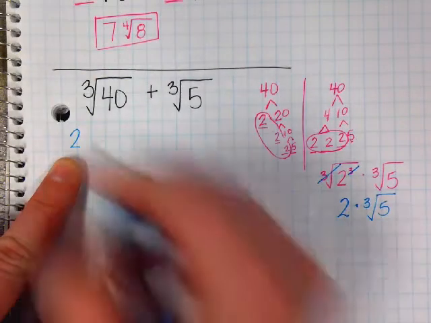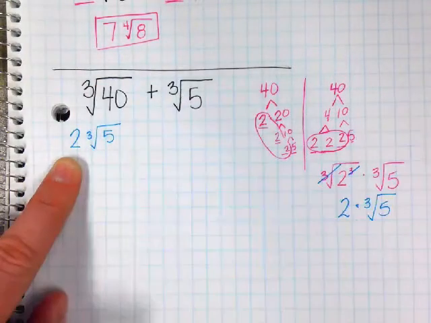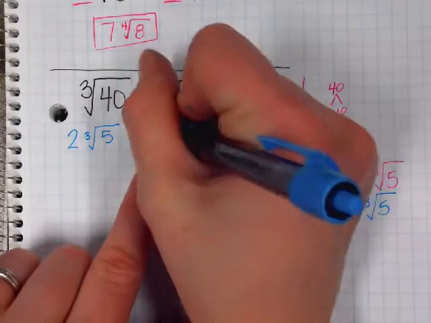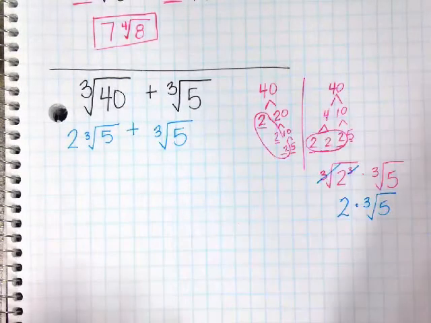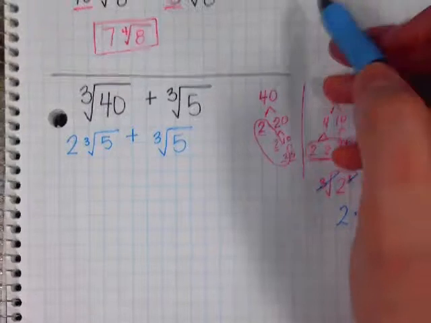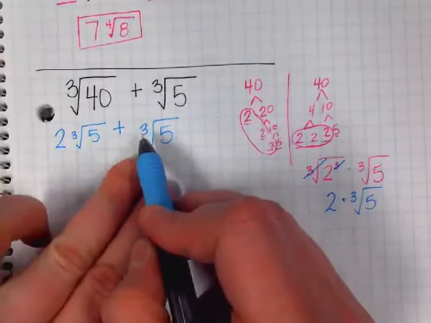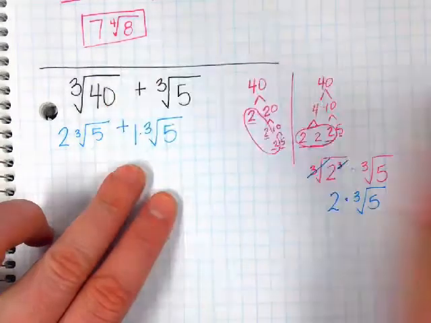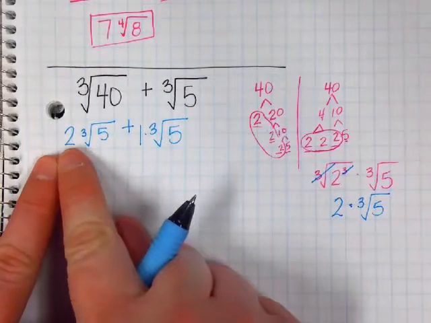So this information right here simplified to get this information. So it was 2. Remember, we don't have to write the multiplication sign. I could just write cube root of 5, and then plus the cube root of 5. Just like when we're talking about variables up here, if there is no number out front, it's just like saying it's 1 times that information.